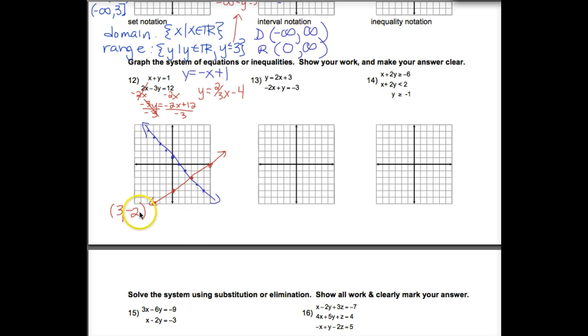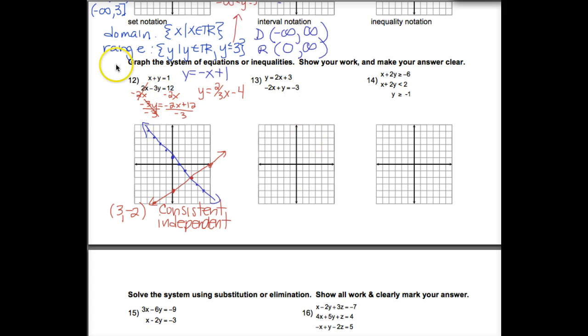So you need to then say that this solution is consistent because it has a solution, and independent because there's just one. Remember that when there's no solution, we call it inconsistent. When the solution is infinitely many because it's one line, we call those consistent dependent. So 3, -2 should be your answer here.